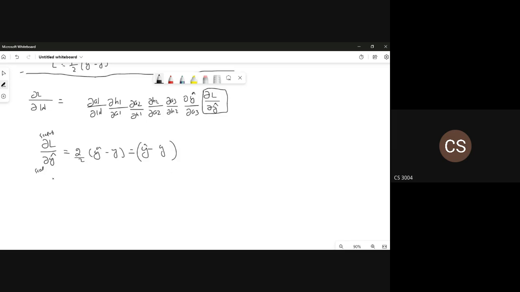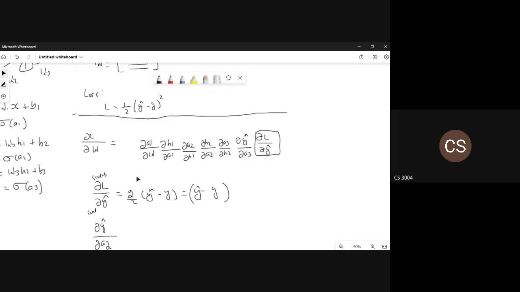The next step once again is dou y hat by dou a3. Of course, y hat equivalently is h3, but that is understandable. In this case, once again, y hat is a scalar and a3 is also a scalar, because it's not multi-class classification.